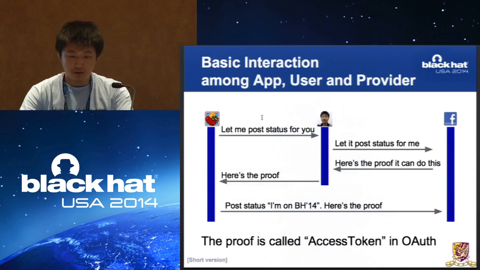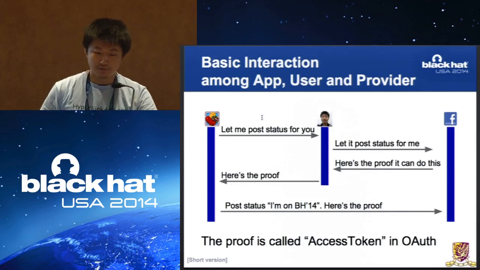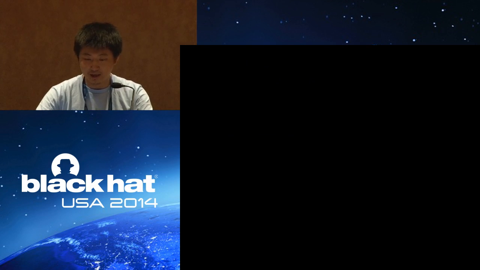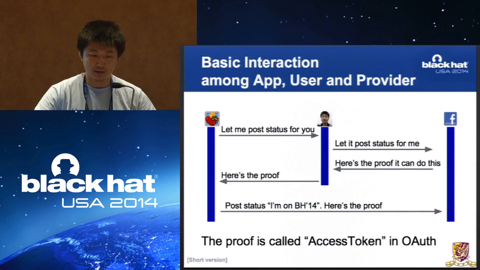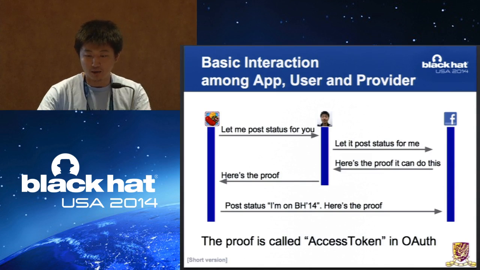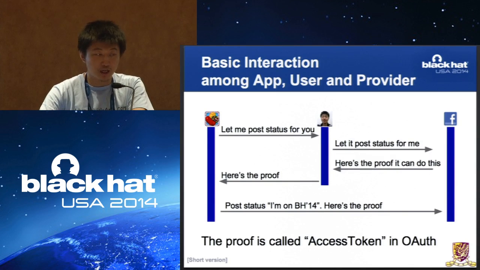This is the basic interaction among app, user, and provider. For example, the app will ask the user, let me post the status for you, and the user will go to the provider and say, let this app post something for me. The provider will give the user a cryptographic proof that the app has certain permission.